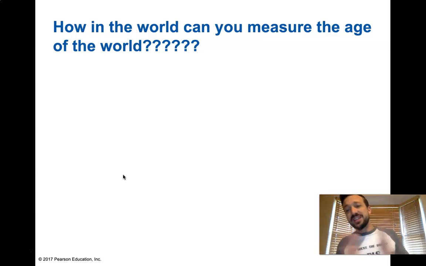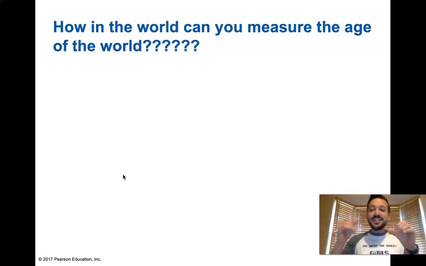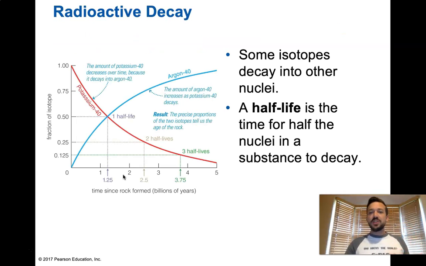So that means it's lost this many carbon-14 atoms, and based off of that, we can determine how old an object is. That's radiometric dating. A more scientific way of saying it is that some isotopes decay into other nuclei or atoms. The half-life is the amount of time it takes for the substance to decay, and that is the amount of time that we can use to determine how old it is.